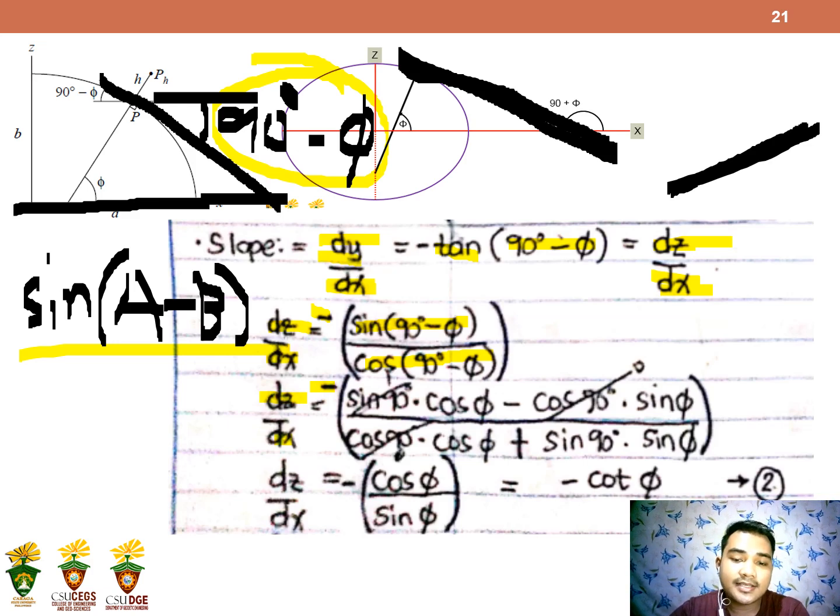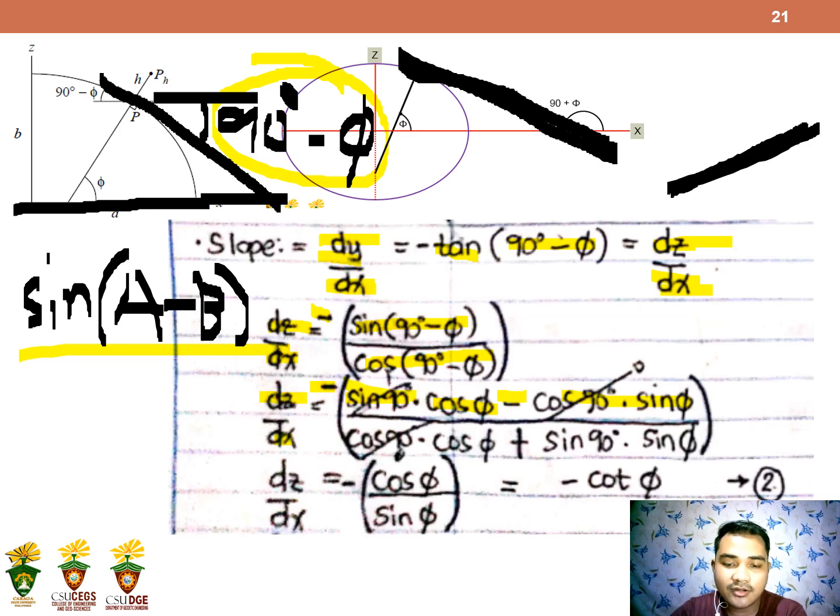So for sine of 90 degrees minus geodetic latitude, we have sine 90 degrees times cosine geodetic latitude, minus cosine 90 degrees times sine geodetic latitude.